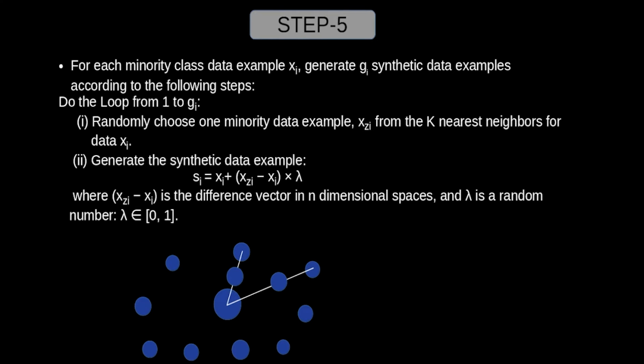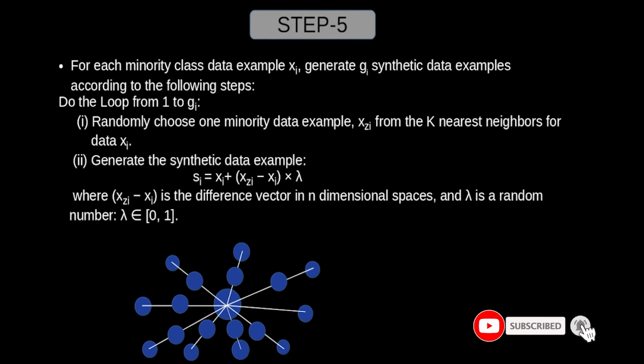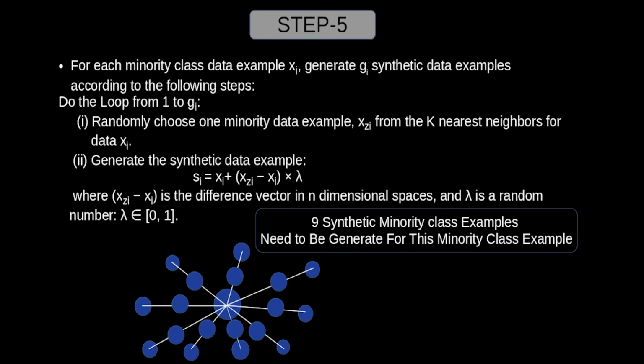This is the second synthetic minority class example. This is the third, fourth, fifth, sixth, seventh, eighth, and this is the last, ninth synthetic minority class example. This is how we generate nine synthetic minority class examples for our selected minority class example.